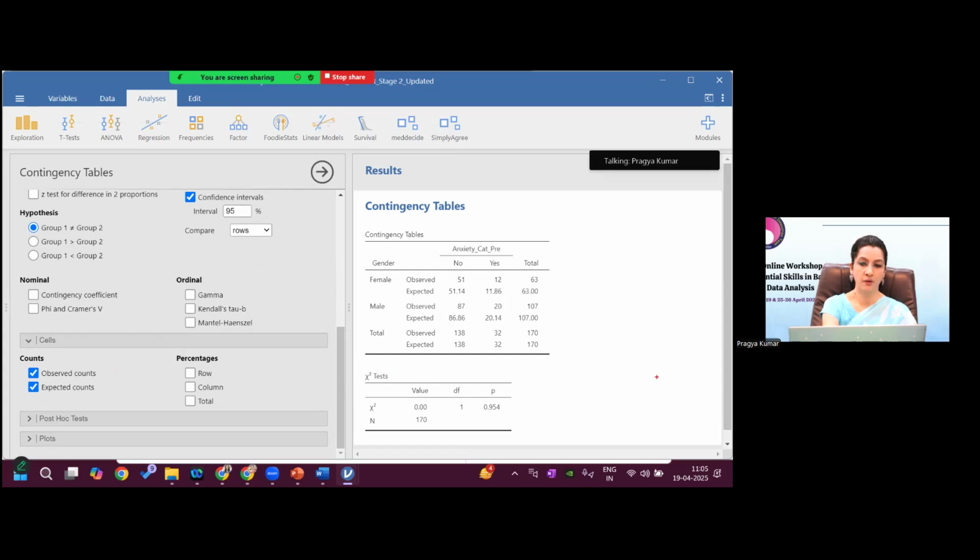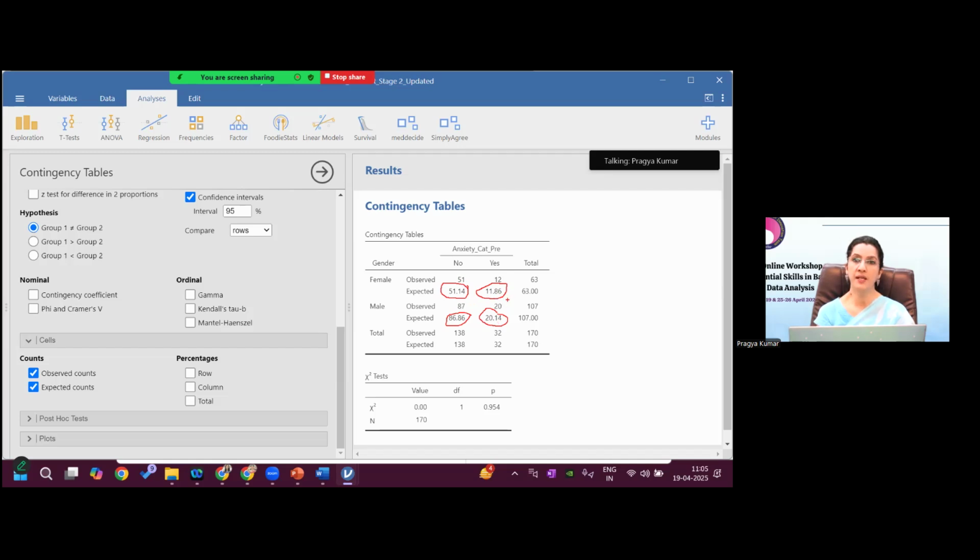Now you can see this is the expected, this is the expected, again this is expected, 86, and this is expected. So what is the difference between observed and expected? Like 51 and 51.14, 12 and 20 and 20.14.